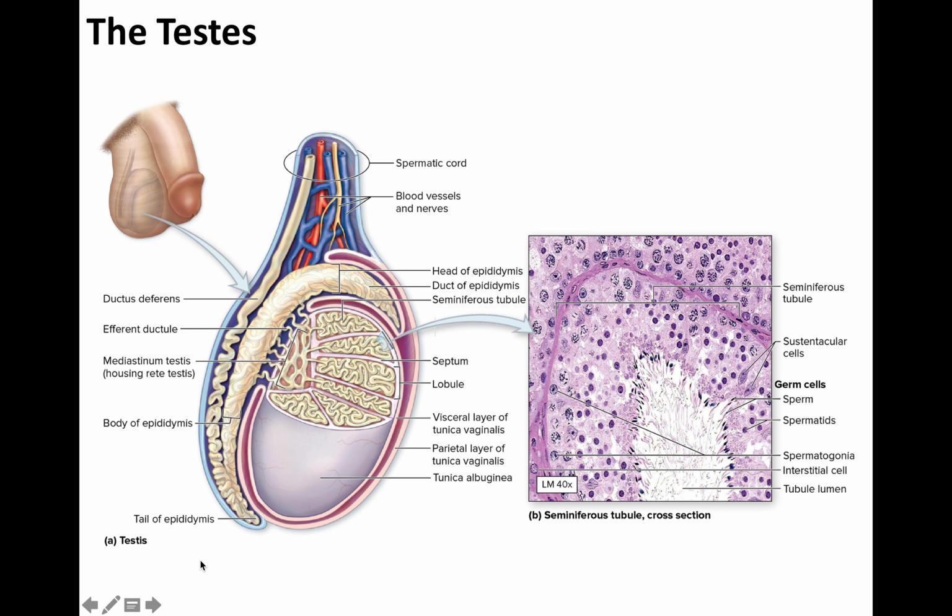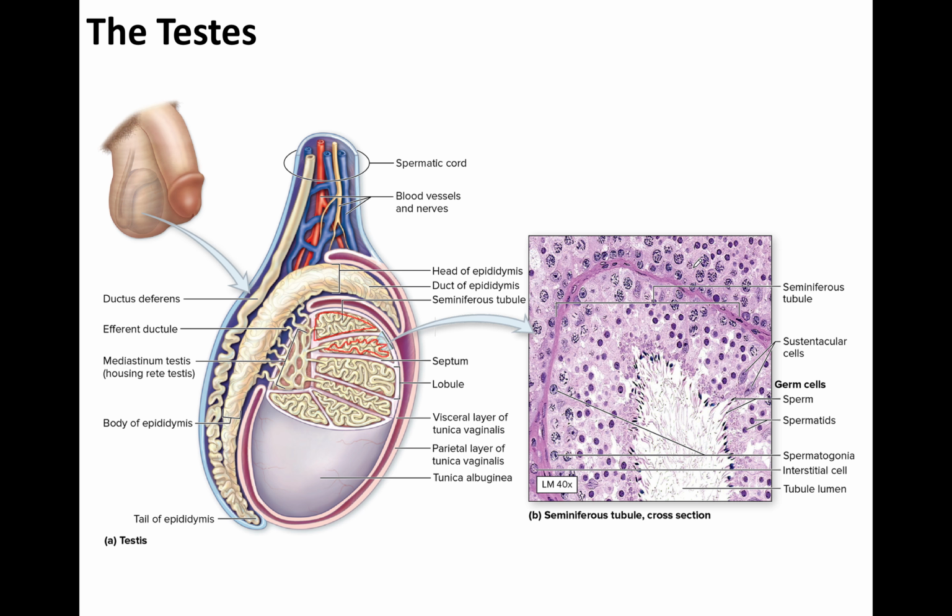So here, let's look at the anatomy of the male reproductive system for the testes. You see each of these little wedges, that's going to be our lobule, and then inside that lobule are all of these winding tubes. That's going to be the seminiferous tubule.